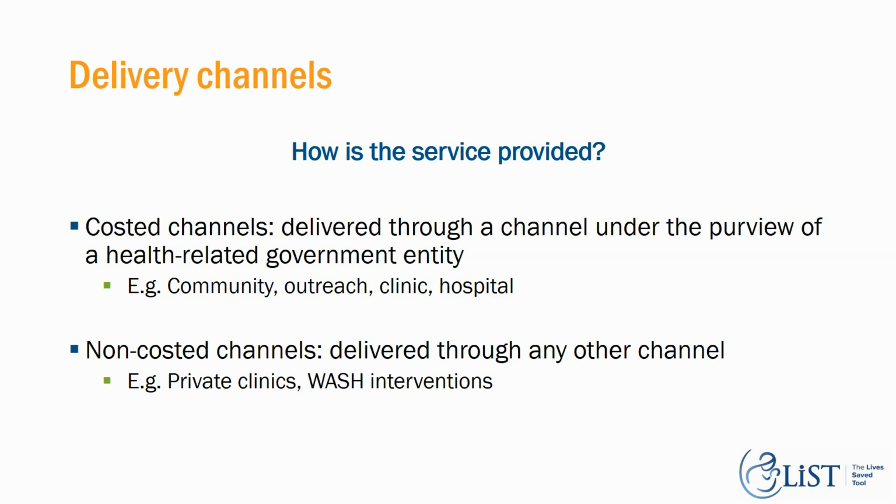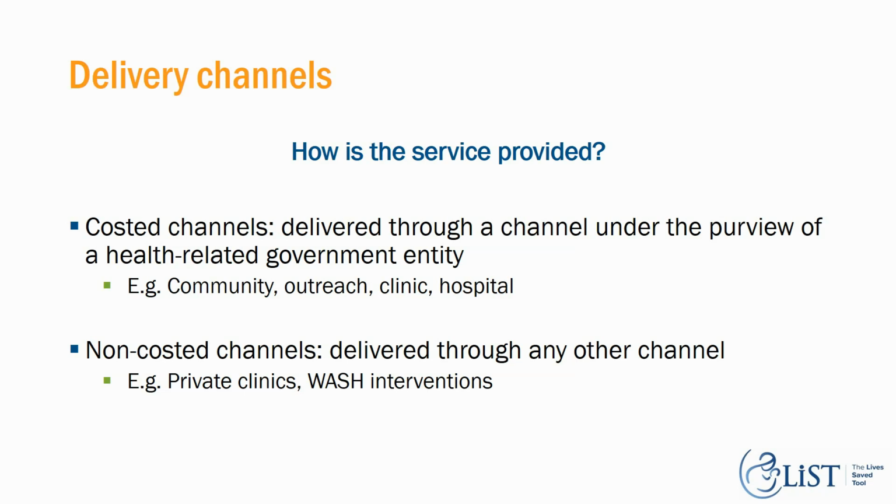So pre-calculated in LiST costing already, we have some costed channels. And the costed channels are all the channels that are delivered through a health-related government entity. And by that, we mean essentially the Ministry of Health. Typically, it will be only the Ministry of Health, but in some cases, you might have some Ministry of Health adjacent institutions that could be delivering services as well.